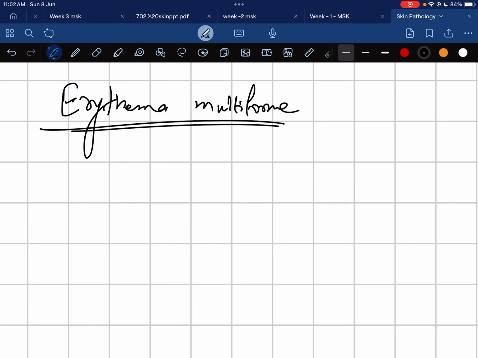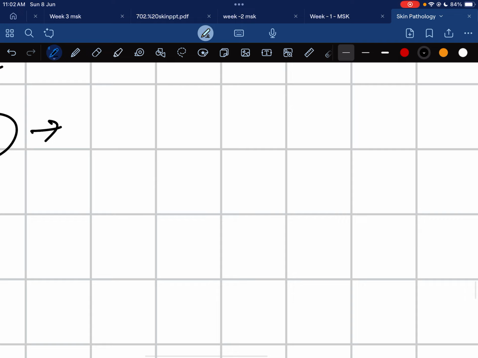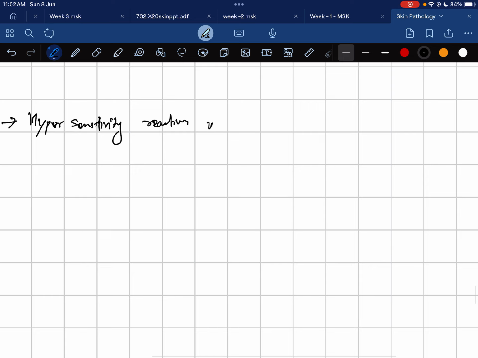When you look at the clinical presentation of this disease, there is a hypersensitivity reaction with targetoid rashes. There is a target with multiple rings, and also bullae.